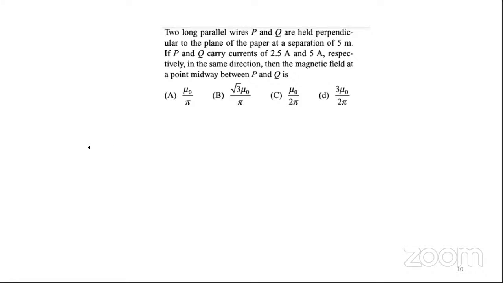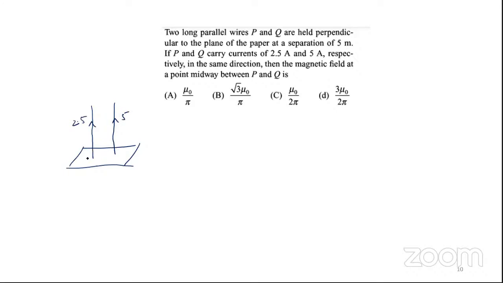The two long wires are perpendicular to the plane of paper and parallel to each other. Currents are flowing in the same direction with 2.5 and 5.